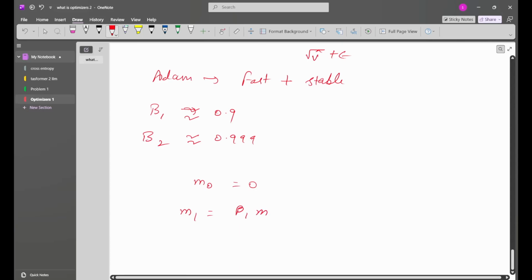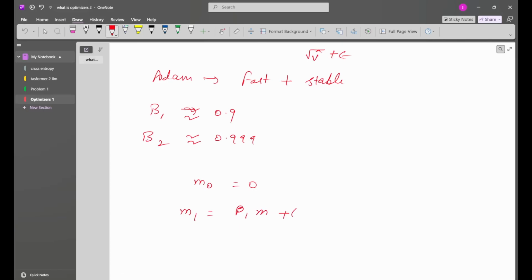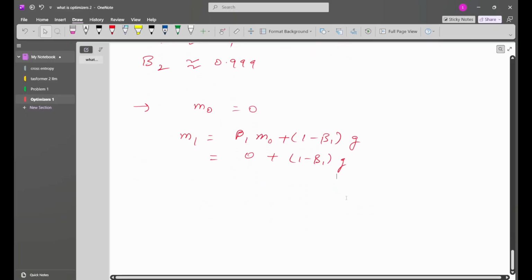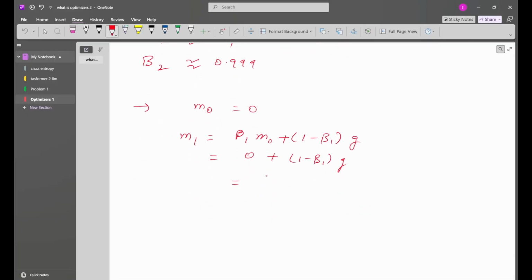Beta 1 m plus 1 minus beta 1 gradient, and this first term will be 0. So at the beginning, m0 will be 0 plus 1 minus beta 1 times gradient, and beta 1 is mostly 0.9. So 1 minus 0.9 times gradient will be 0.1 gradient.